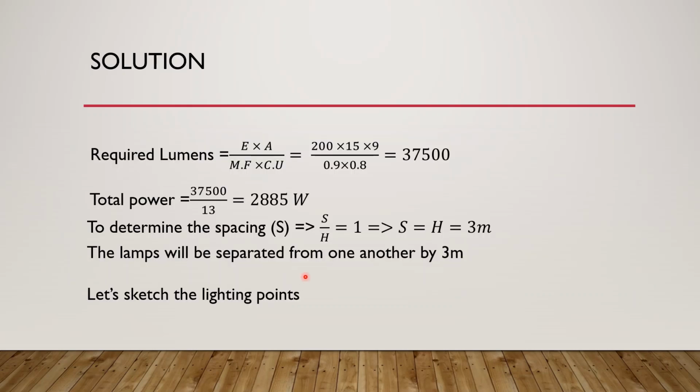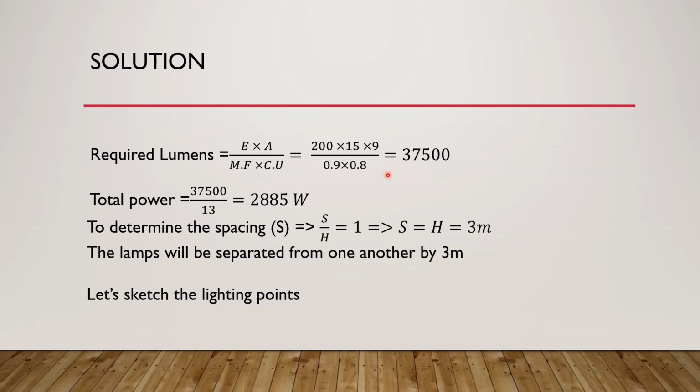So the solution: required lumen is the illumination multiplied by the area, divided by the maintenance factor and the coefficient of utilization. If you slot in all the figures, you are going to get 37,500 lumen.